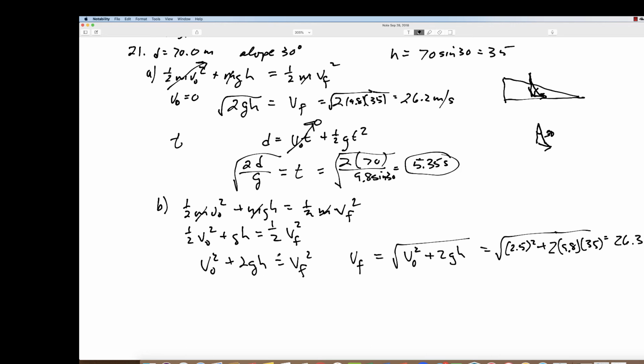If we plug this into the formula v0t plus 1/2 gt squared, the calculation becomes a little more complicated. Actually, the best way to do this is to use the average velocity increase: vf minus v0, divided by 9.8 sine theta.